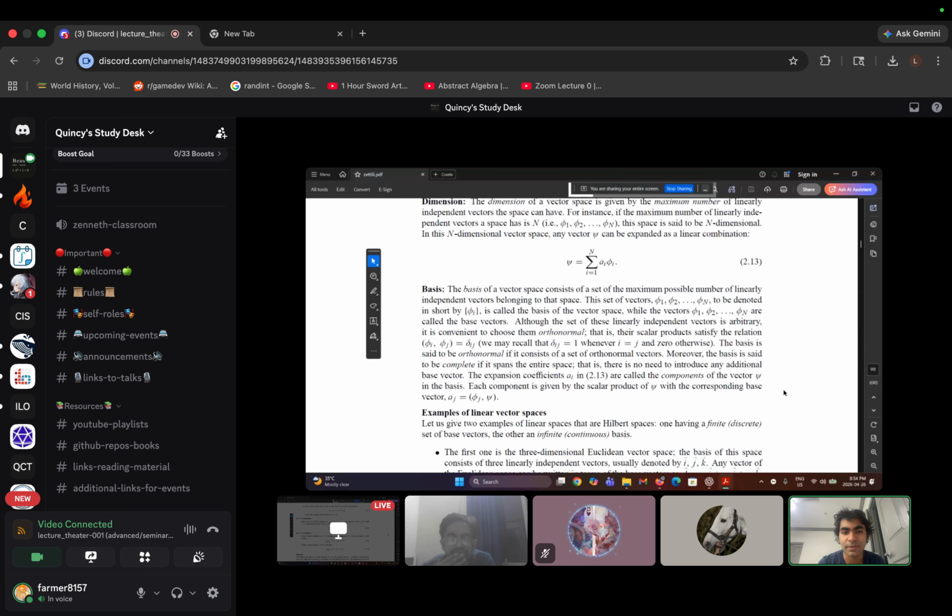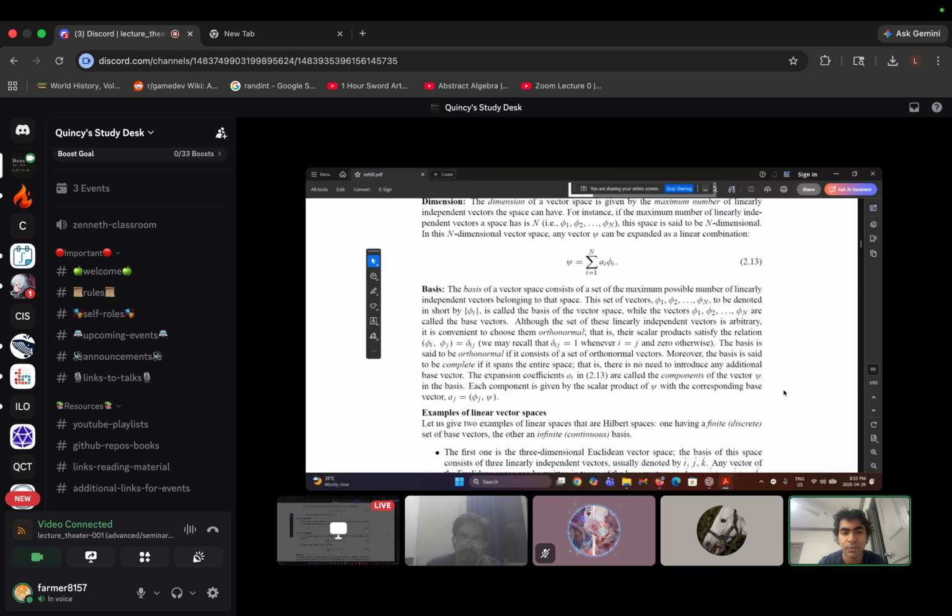The basis of a vector space consists of a set of the maximum possible number of linearly independent vectors belonging to that space. This set of vectors phi 1 to phi n, denoted in short by phi i, is called the basis of the vector space, while the vectors phi 1 to phi n are called the base vectors. Although the set of these linearly independent vectors is arbitrary, it is convenient to choose them orthonormal.